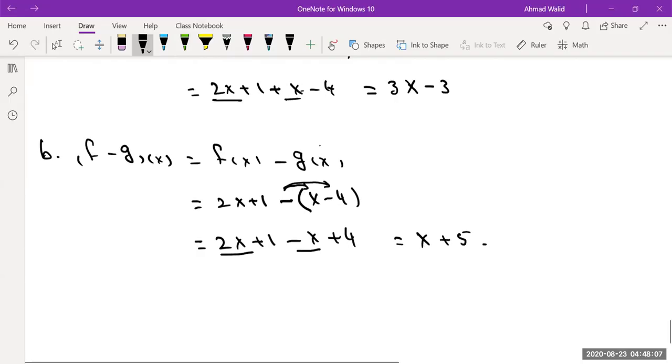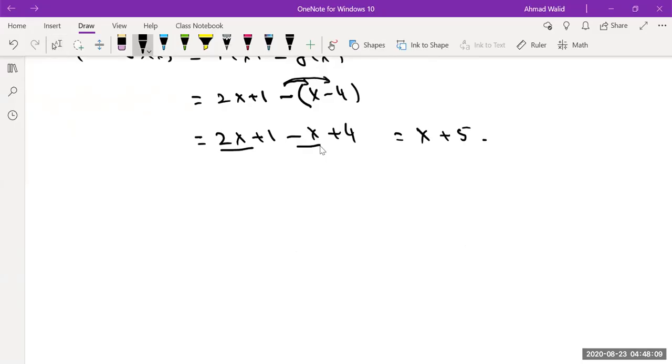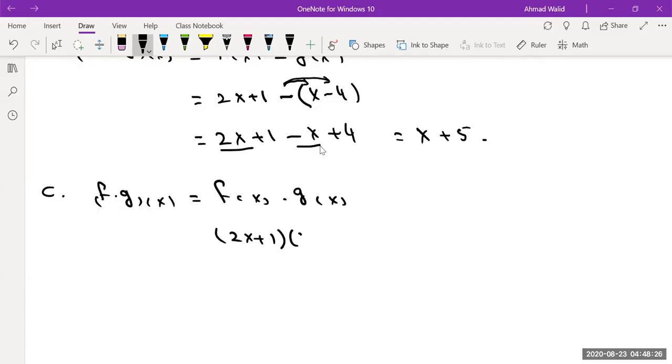F times g. See, f times g of x equals f of x times g of x. It means 2x plus 1 times x minus 4. Of course, you are using the FOIL method here, right?